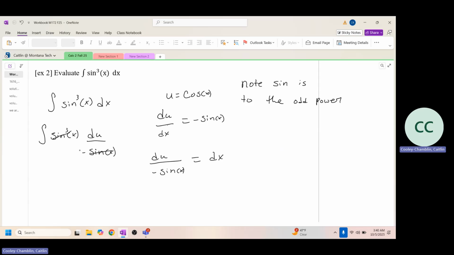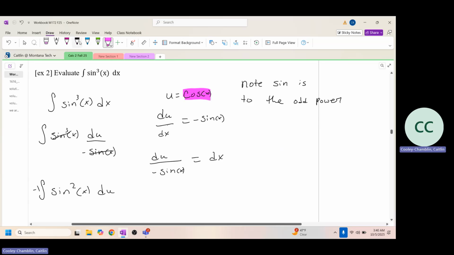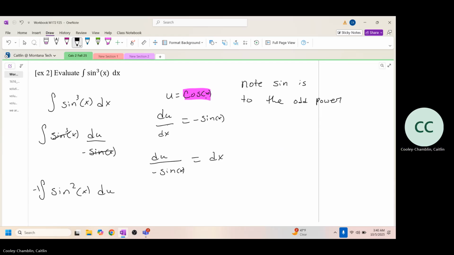One of these cancels, and I get the integral, let me bring out a negative 1, of sine squared x du. However, our u is in terms of cosine of x. What's really nice is that sine is the odd power, so we chose cosine. When we take the derivative, our sine cancels, and it turns into an even power.